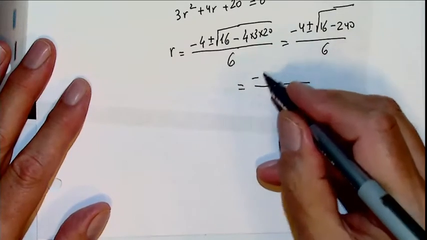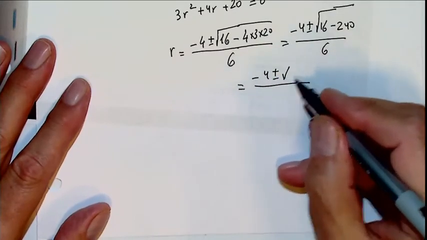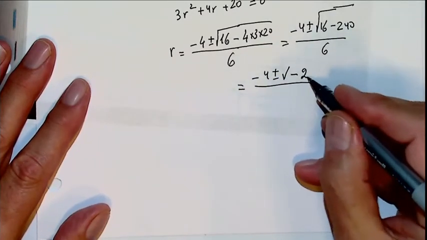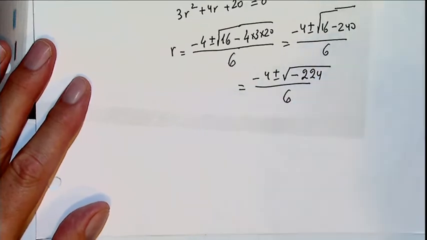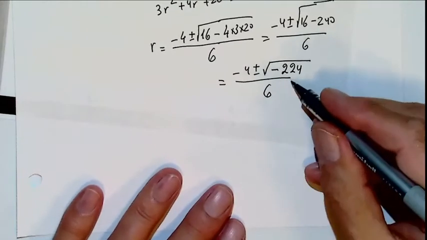That equals minus 4 plus minus square root of minus 224, over 6. So suddenly we get i's.